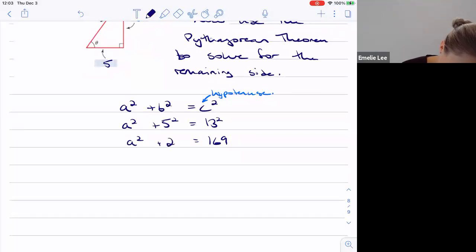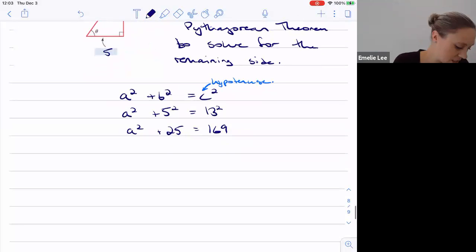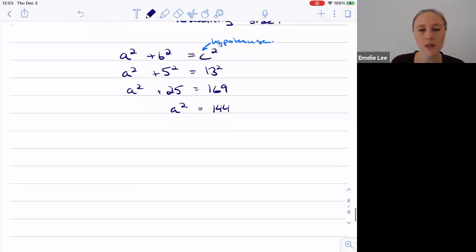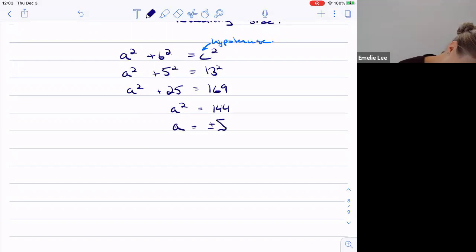So A squared plus 25, and I know 169 minus 25 is 144. So A squared is 144. Remember when you take the square root, you have to consider the positive and the negative value. So A is plus or minus the root of 144.